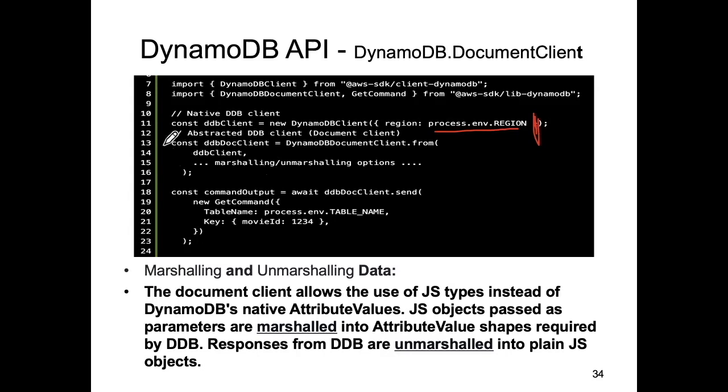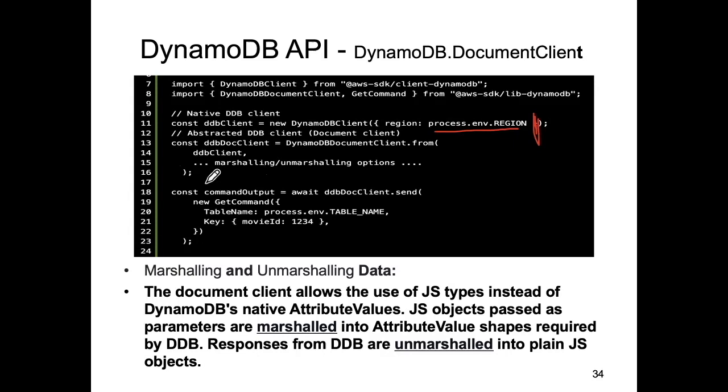So we now have an instance of a document client, and we can now talk to the DynamoDB service for a particular region. How do I then make a read request on a particular table?